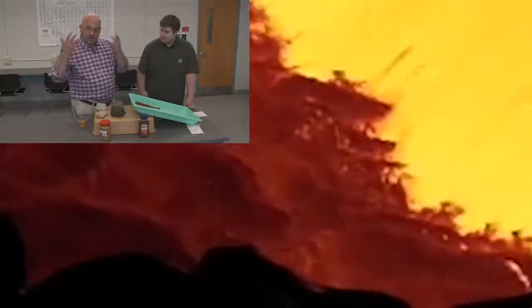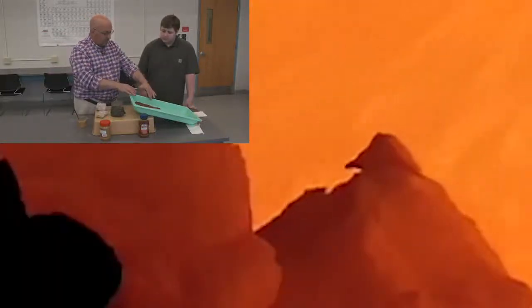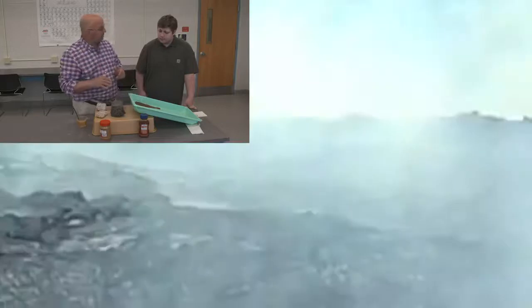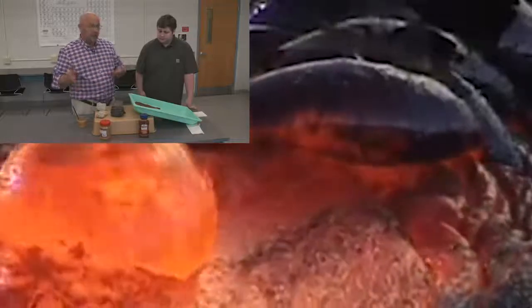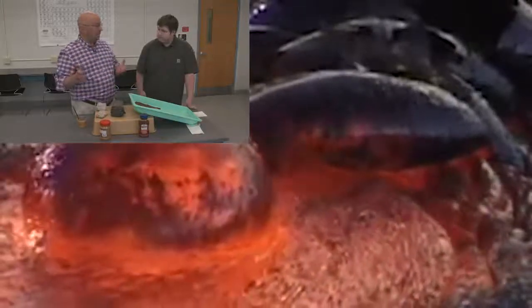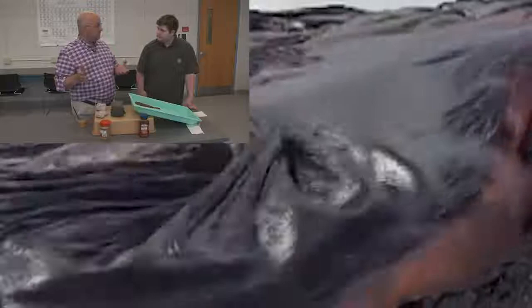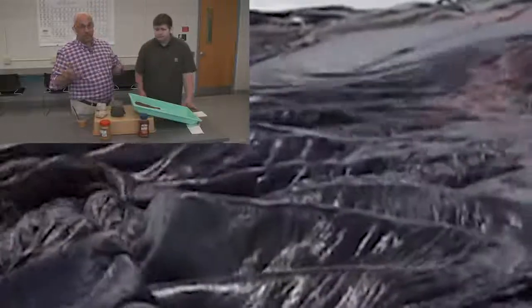But it's just to get us an idea and a conceptual model of the viscosity differences between something that would represent mafic lava, which is our ketchup, and something that represents our felsic lava, which is the very, very viscous peanut butter, which really hasn't moved at all. But that doesn't mean mafic lava can't have a very important impact, and we'll see that in the next segment.